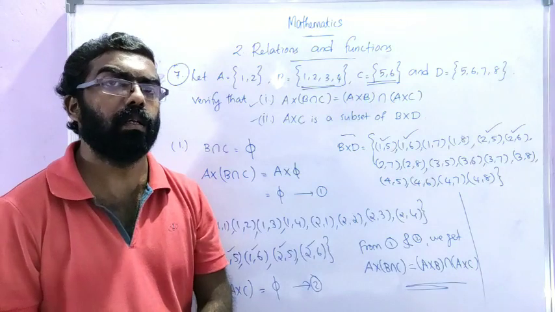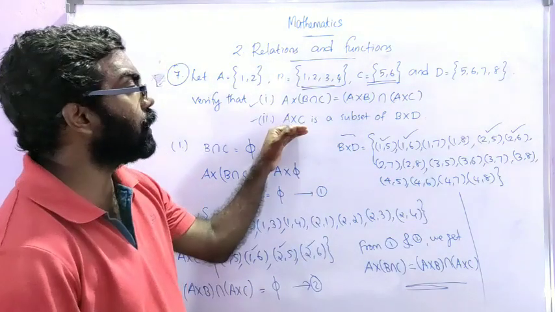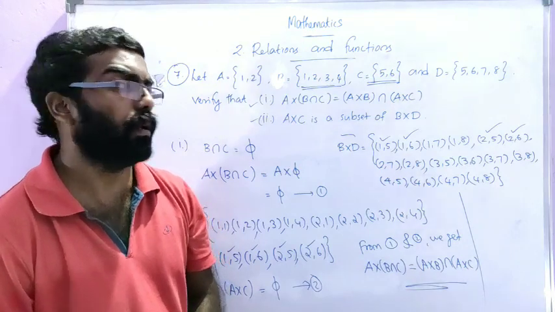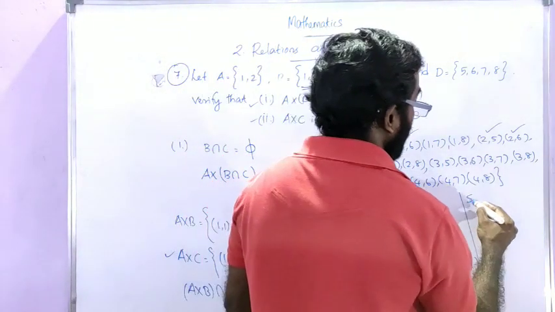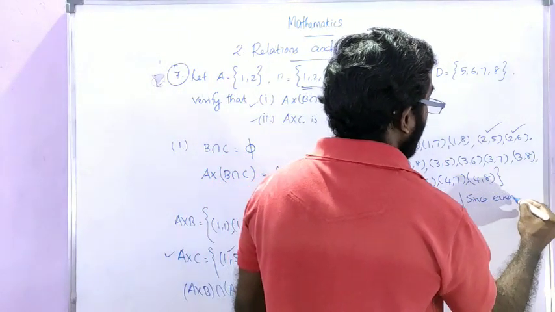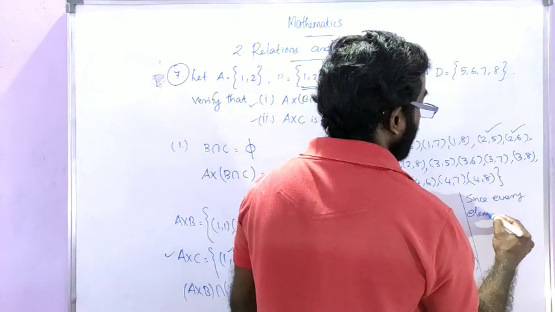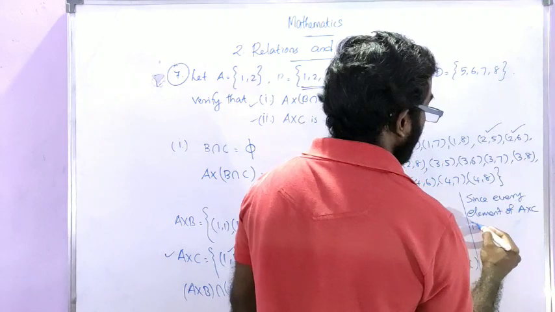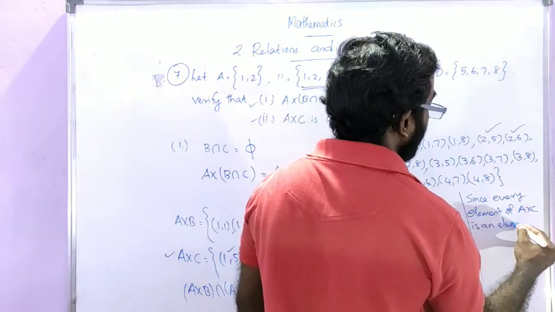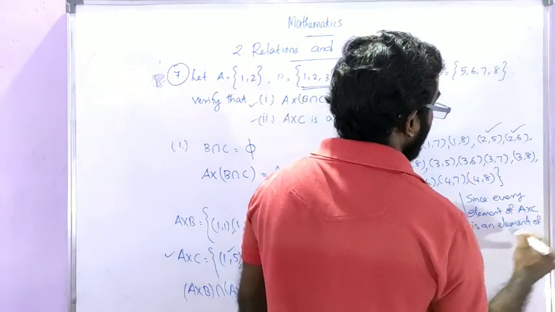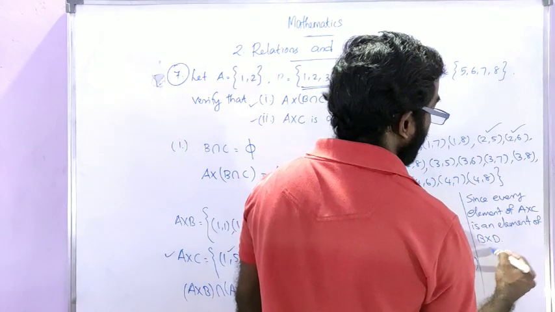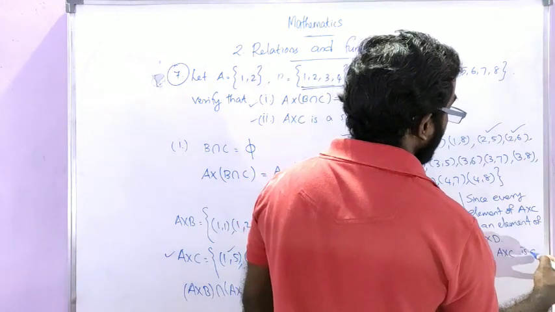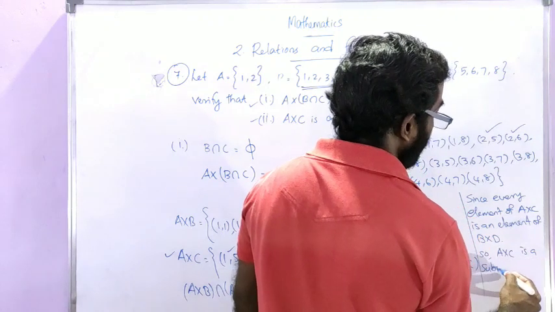B cross D. So we can conclude A cross C is a subset of B cross D, since every element of A cross C is an element of B cross D.